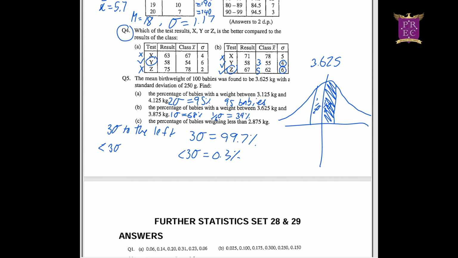Okay, but we're only looking at those who are less than 2.875. We're not looking at this part. So since we're only looking at the left hand side, we need to divide this by 2, which gives us 0.15%, and that's our answer.